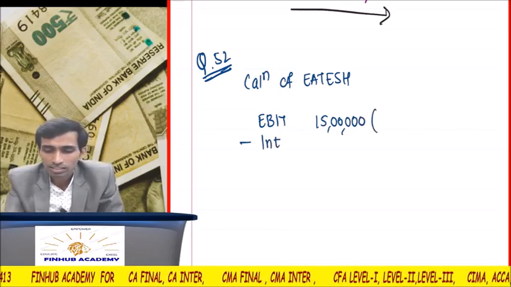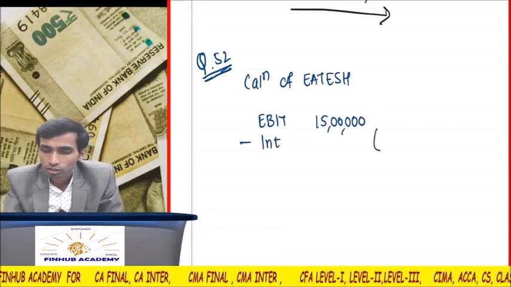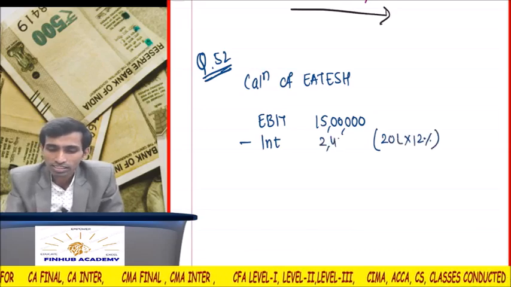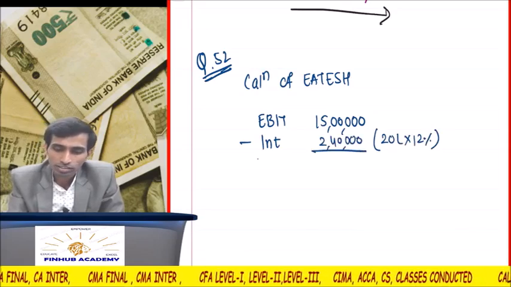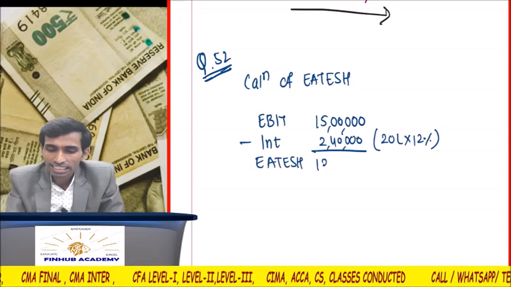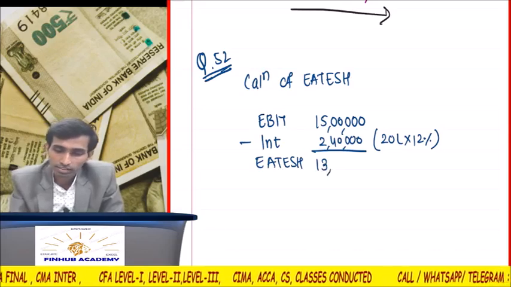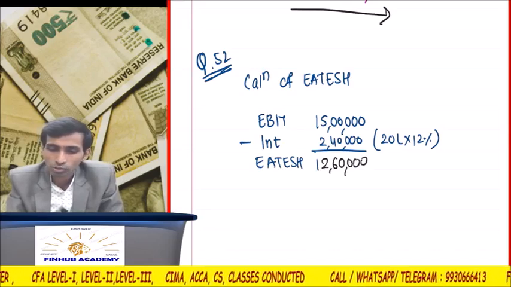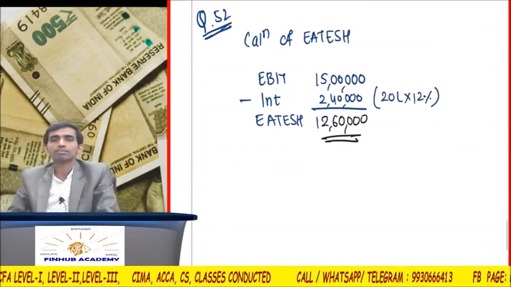Interest is how much? 20 lakhs into 12% is 2,40,000. So earnings for equity is how much? 12 lakh 60,000. Please copy.